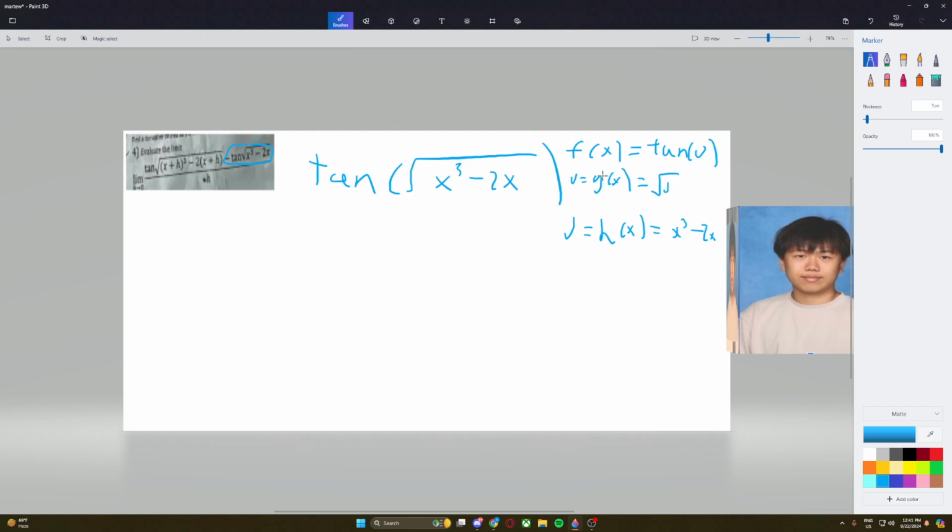So let's get the derivative of the first function. It would be f prime of g of x times g prime of x, and then g prime of x is the square root of j, so it would actually be h of x times h prime of x.